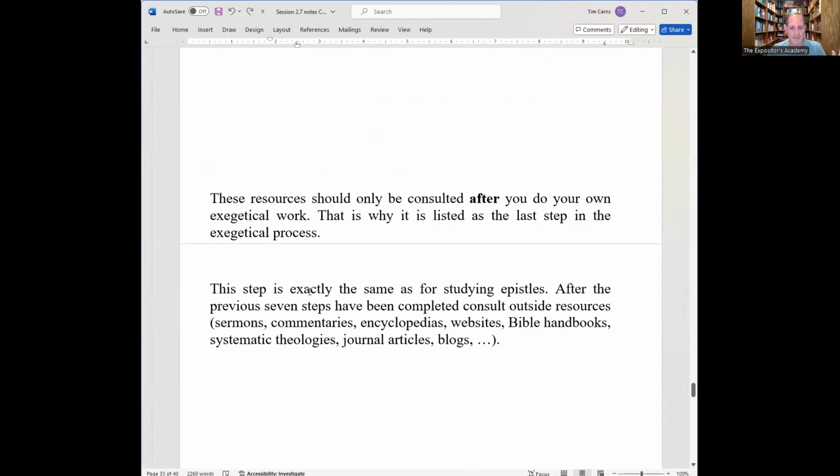So it's the same as in studying epistles, right? We do it towards the end of our study, not the beginning of our study. Because at the end of our study, we can then consult these various things to provide additional help for us. You know, they serve several roles.